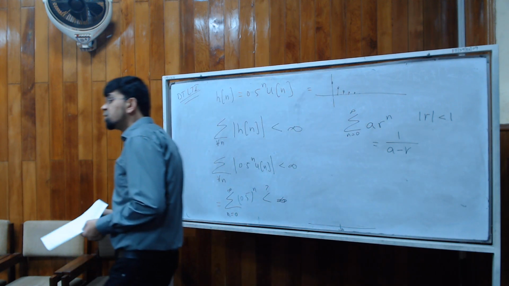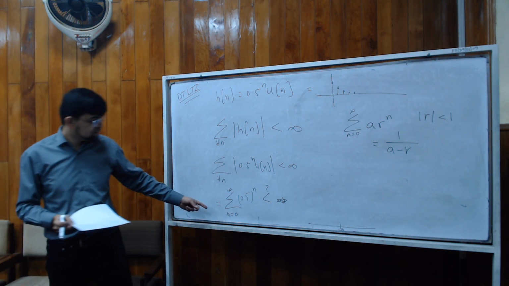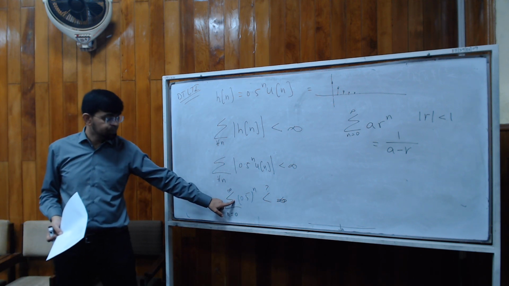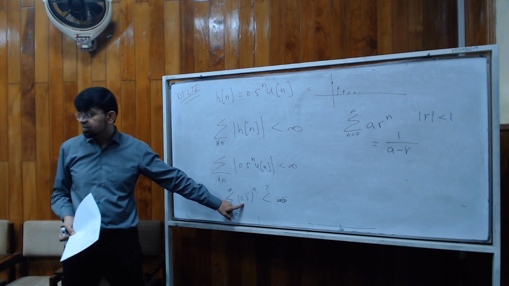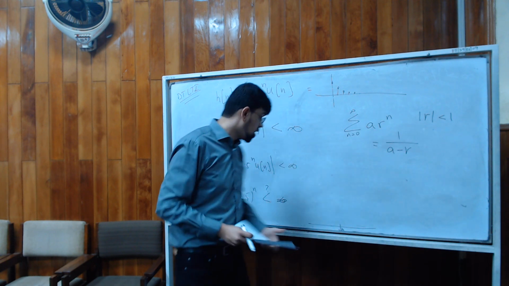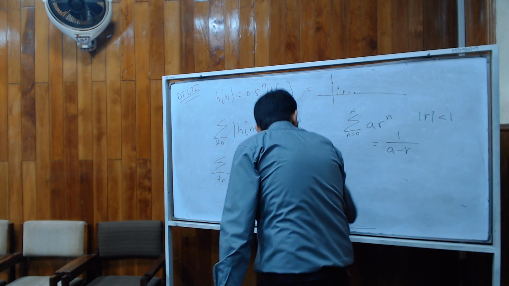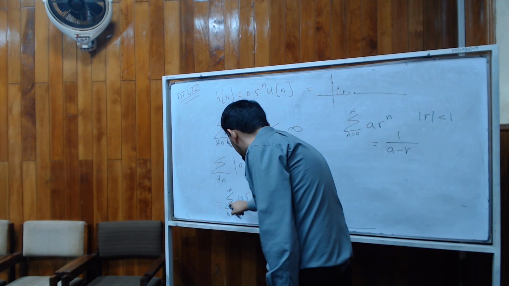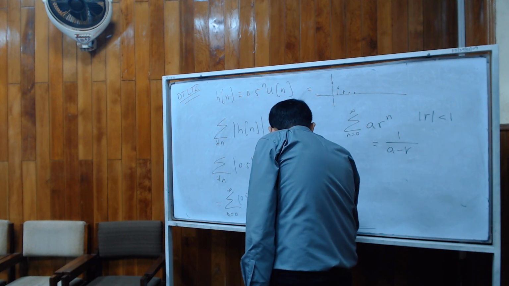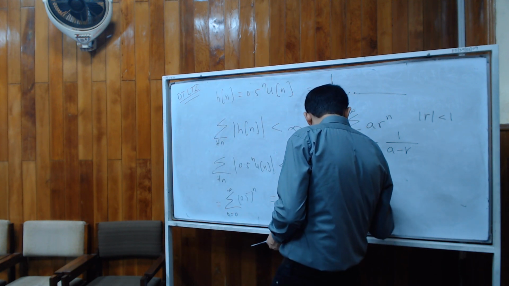This is a known result in geometric series. Do we have that situation? Yes. What is our a? There is no a here, so it's 1. And r is 0.5, which satisfies this condition. So we can use this result. We get 1 over 1 minus 0.5, and if you solve this, you will see that it is 2, which is not infinity.